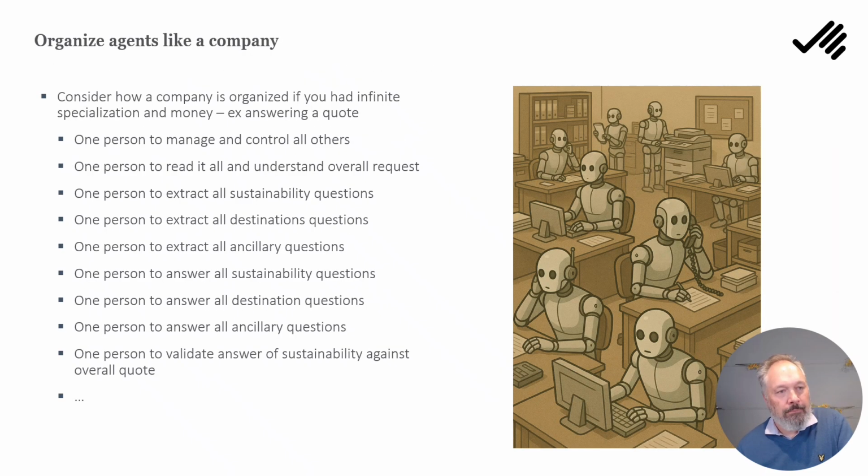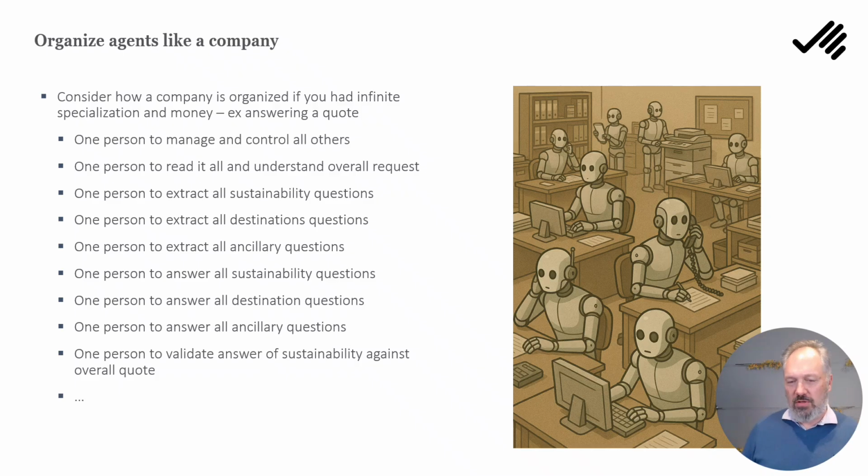Okay. So how do we organize our agents? On a high level, say you had a company with an infinite amount of money and the ability to specialize, with one person doing this and one person doing that. We have one person in reception greeting customers coming in. We have one person that's a manager, managing all the other people.